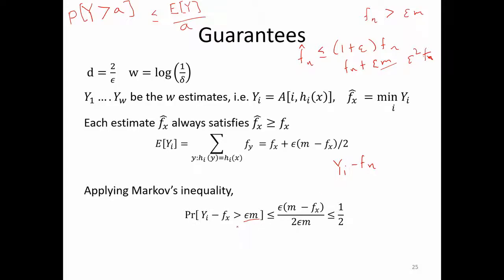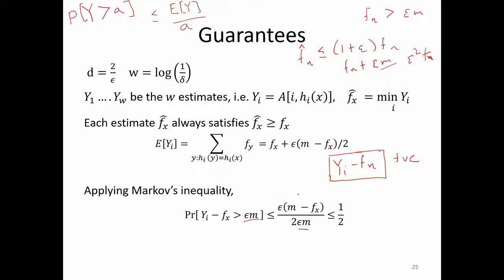So this is the event that we are interested in, and as we have already seen, this is a positive random variable, because we never underestimate, so it's either 0 or positive. A non-negative random variable, so we can use the Markov inequality, and this is a straightforward application of Markov inequality. So epsilon by 2 m minus f of x is your expectation of y, and epsilon m is the a.